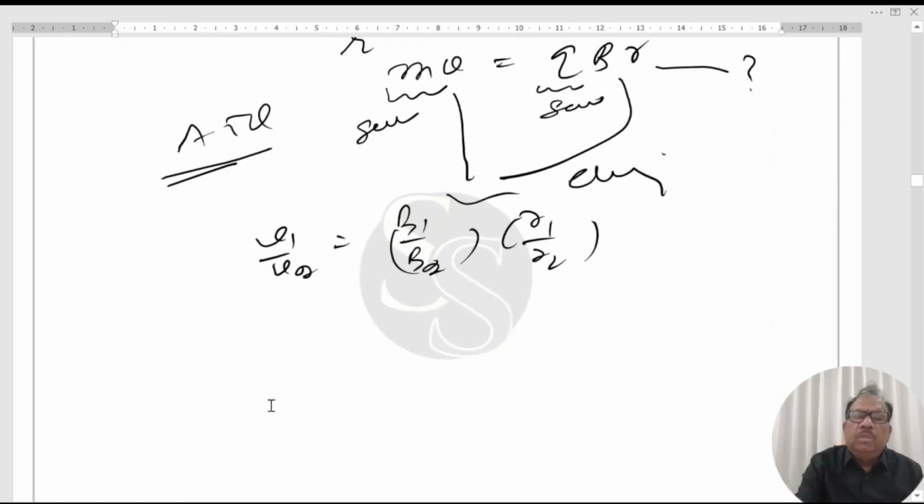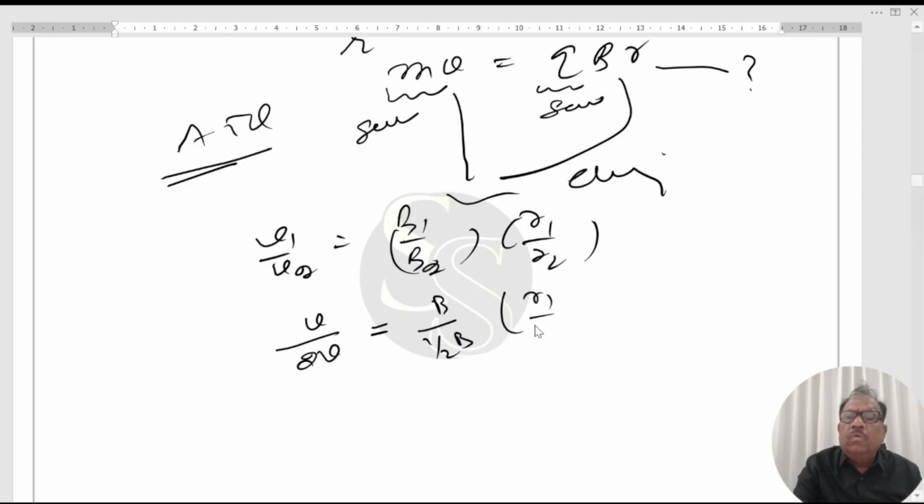The velocity of the charged particle is doubled, so this is V, this becomes 2V. The magnetic field is reduced to half. So V divided by 2V equals B by 1 over 2 B into R1 over R2. This becomes 1 by 2 equal to 2 R1 over R2.